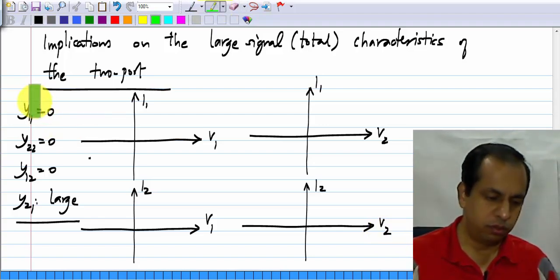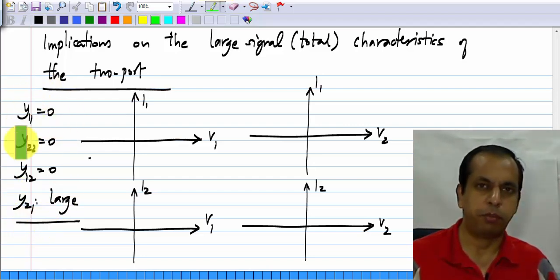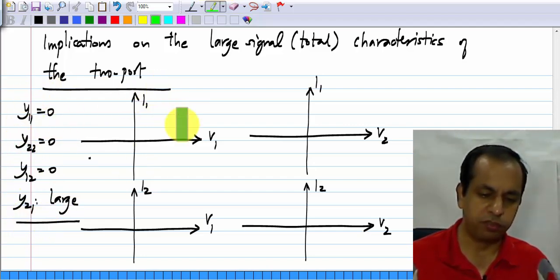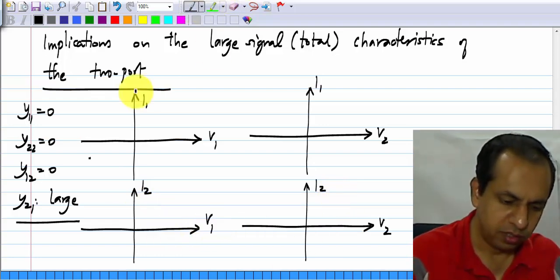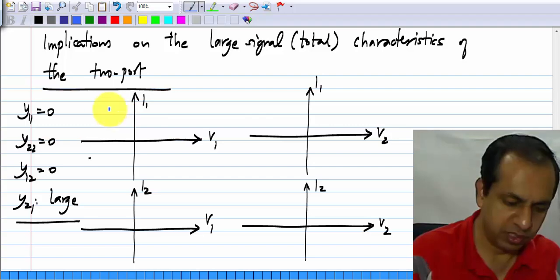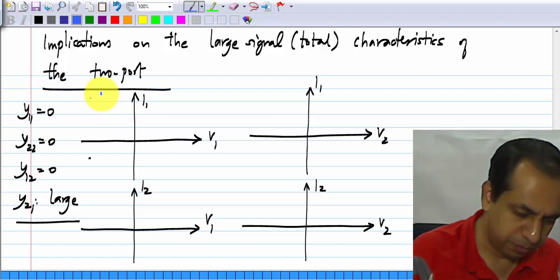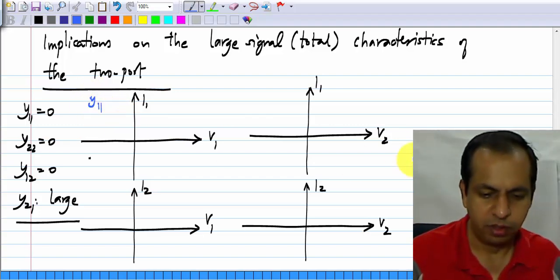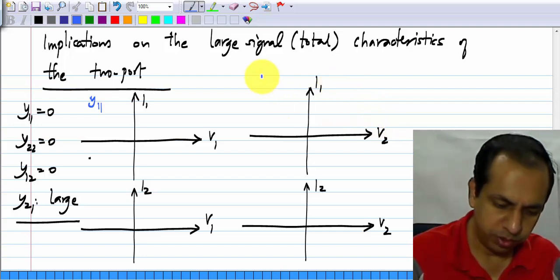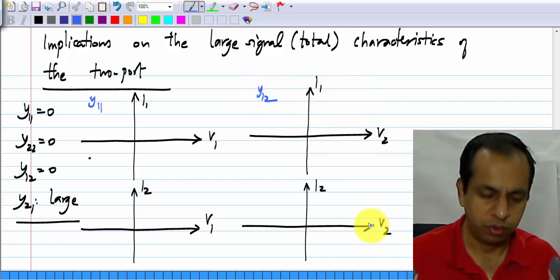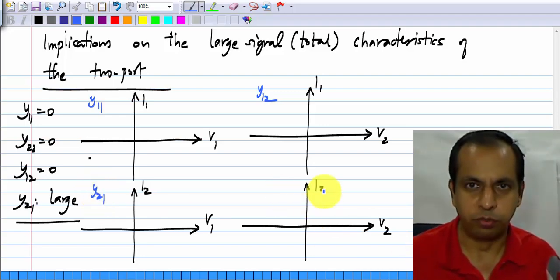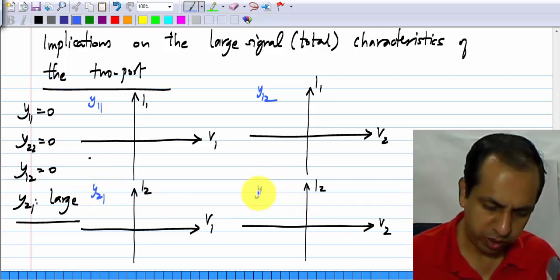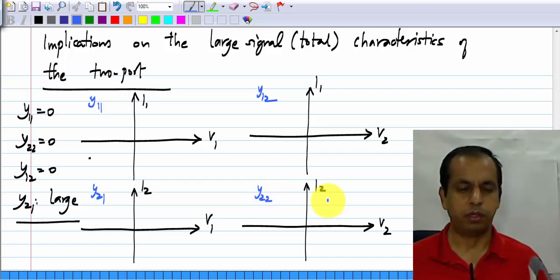Now, these small signal parameters are the slopes of these characteristics. Okay. For instance, the slope of I1 versus V1 is y11, slope of I1 versus V2 is y12, slope of I2 versus V1 is y21, and slope of I2 versus V2 is y22.